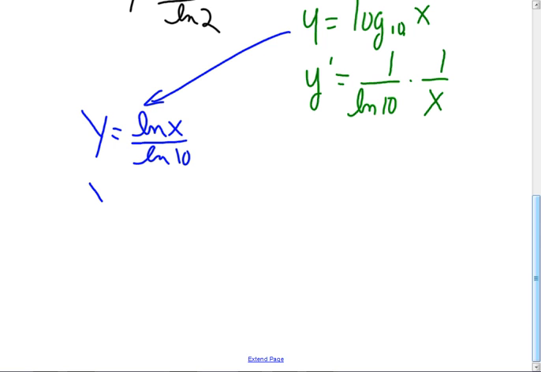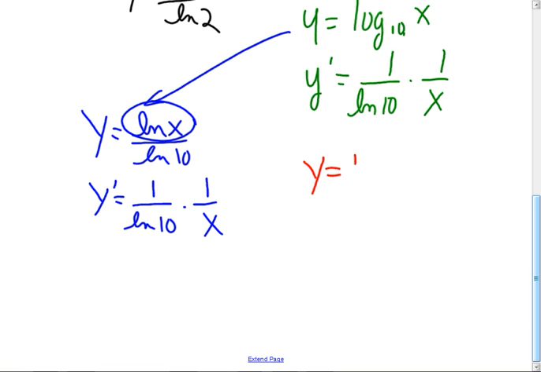And then when I take the derivative, I leave the natural log of 10 by itself, it's just a number, times the derivative of this, which is 1 over x. So what if it's log base a of x? Then what's the derivative going to be if you want to memorize it? It's 1 over the natural log of a times 1 over x.